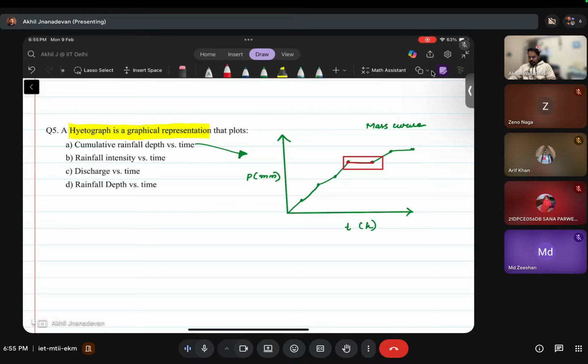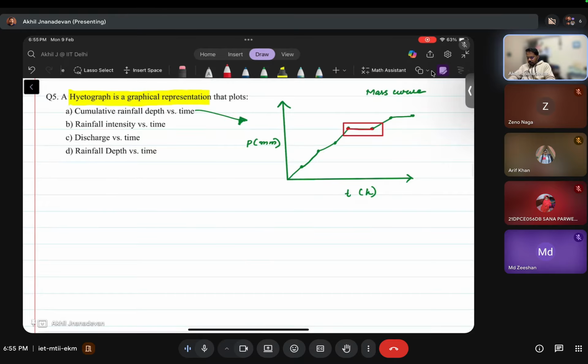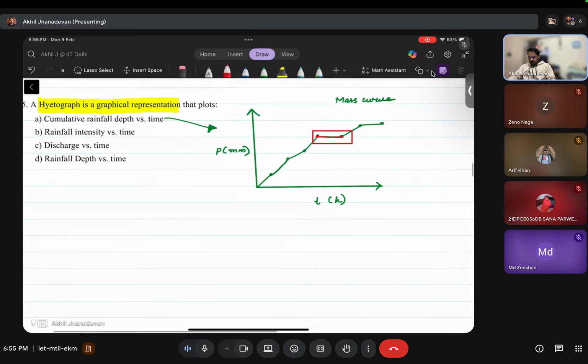Mass is constant, we can say. If we are talking in terms of precipitation, the mass of precipitated water which we are measuring as depth. So in this particular time, no rainfall has occurred, right?